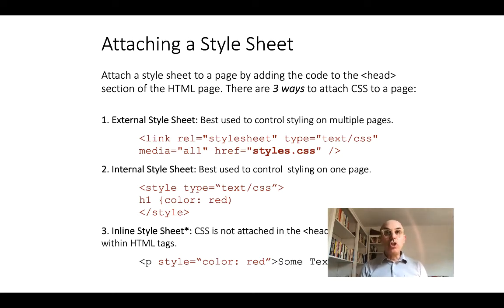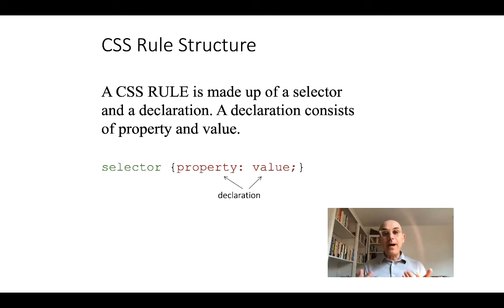My recommendation, as in the example that I posted on Canvas, is to use external because it is more powerful and gives you the ability to link to two external style sheets and combine them into one page, so you will have the ability to manipulate that. It is a very powerful tool.